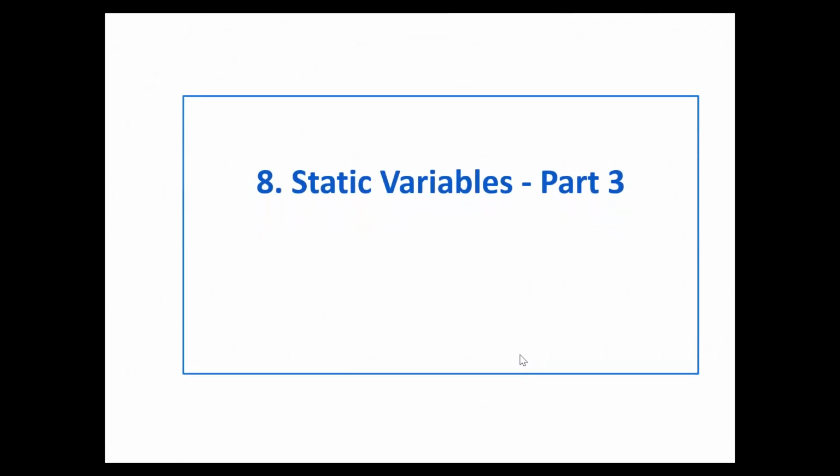As part of this class, let's see more things about static variables. In the previous two classes, we have seen what static variables are, how we can make use of them, what happens when we are running static variables, how they are loaded, all those things.